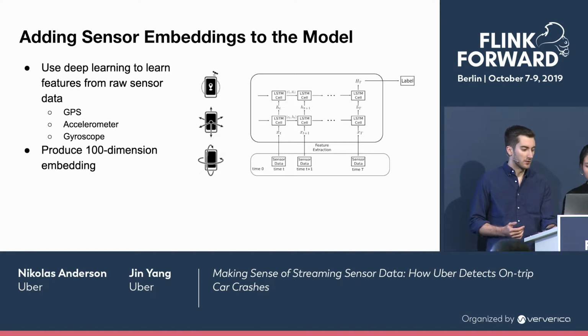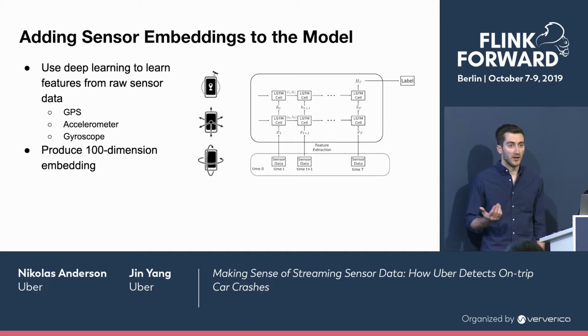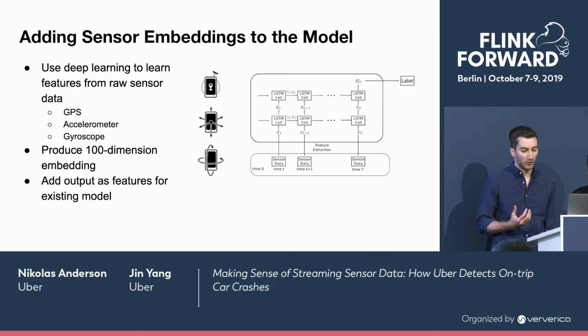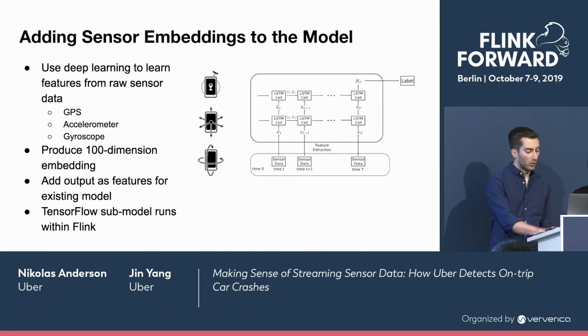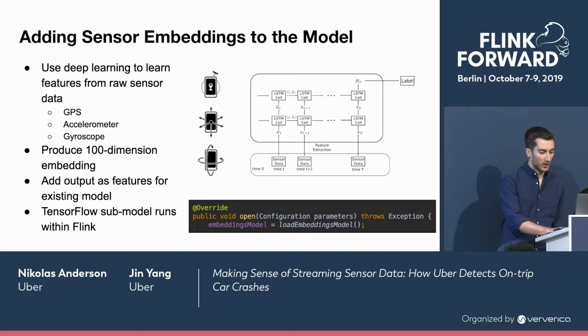These sensor streams are then processed by the model to produce first a probability estimate of a label, crash versus no crash, along with a 100-dimension embedding. And then these 2 things are fed into our original model as just additional features. We load the TensorFlow model within Flink and do the deep learning processing there, and then we still continue to consult the machine learning platform Michelangelo for the overall scoring, mostly for all the tooling it provides, like monitoring.